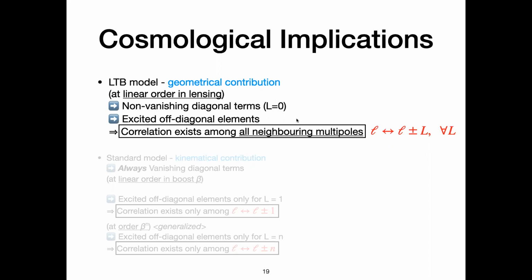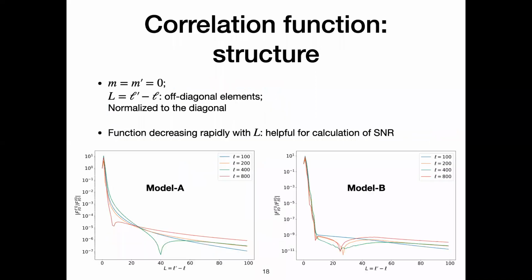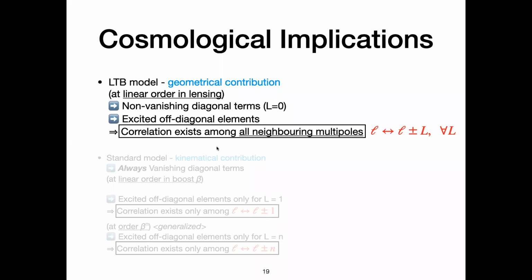model. So the important note about the 2-point correlation function is that it always has non-vanishing diagonal elements. That is, the first element of these graphs is non-vanishing. Okay, here it's normalized, so it's 1, but it has some value. And also the off-diagonal elements of this matrix are excited.